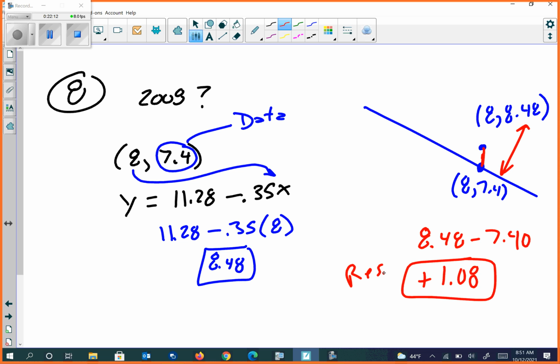Well, we have a positive residual value of 1.08. We overestimated. Or our linear equation that we had done by our data underestimated what actually happened there. So there's two different things that take place. Create the residual plot on your calculator. Does this show random scatter points, or does it appear to have a pattern?